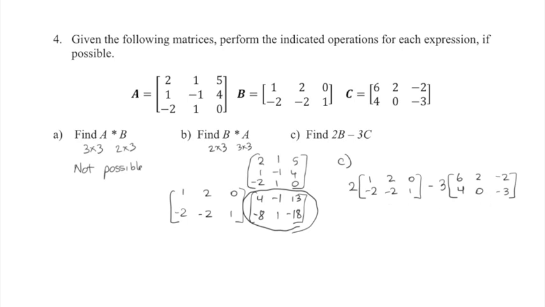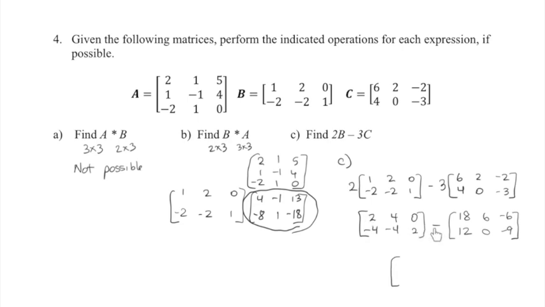So this is 2 by 3 and 2 by 3. So then the scalar multiplication just means every entry gets multiplied by, in this case, 2. And on the other matrix, everything's multiplied by 3. And then we subtract terms that are in the same spot.